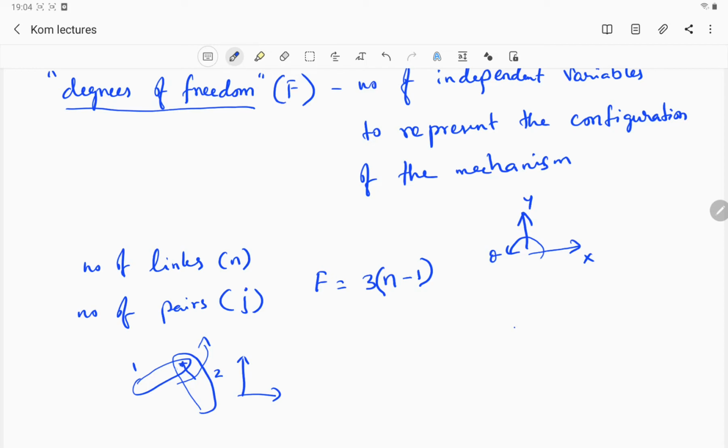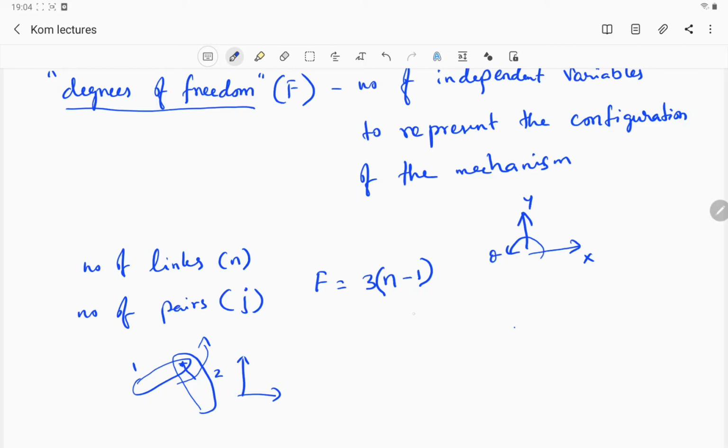So one hinge point arrests 2 degrees of freedom. It will not let it move in x direction or y direction, but it will let the other link rotate. Otherwise there won't be any motion other than rotation. So each joint will reduce the degrees of freedom by 2.